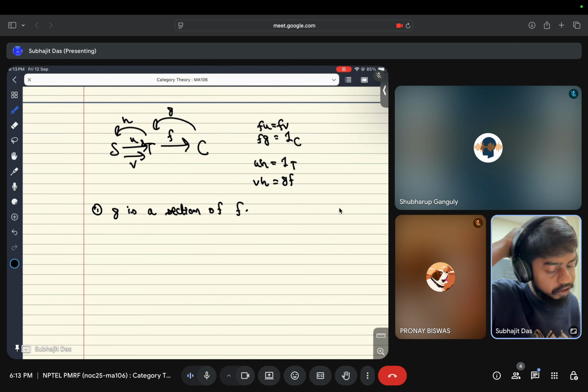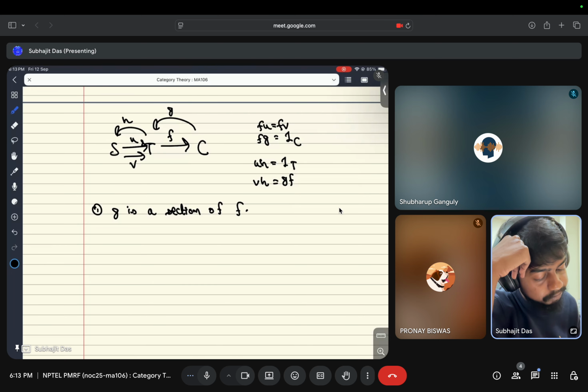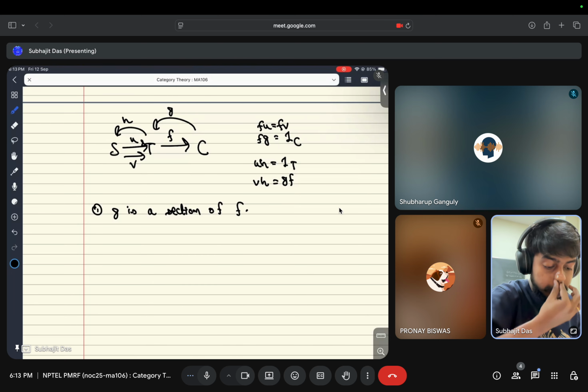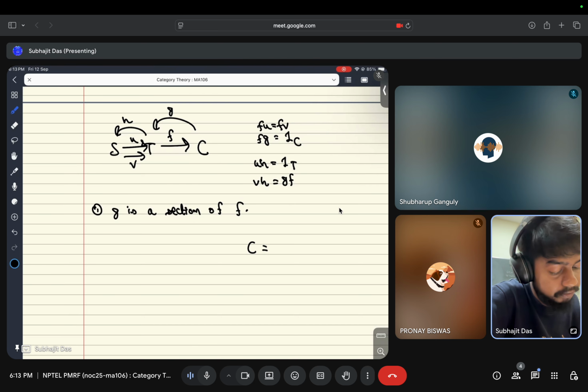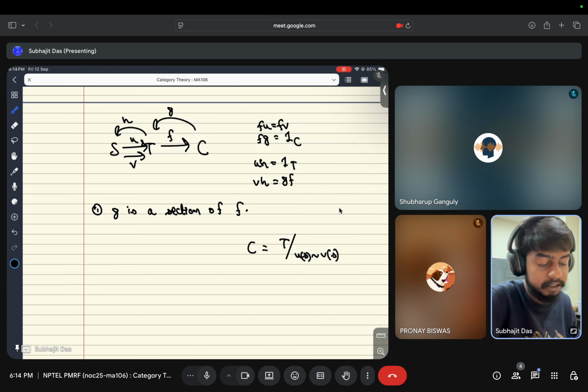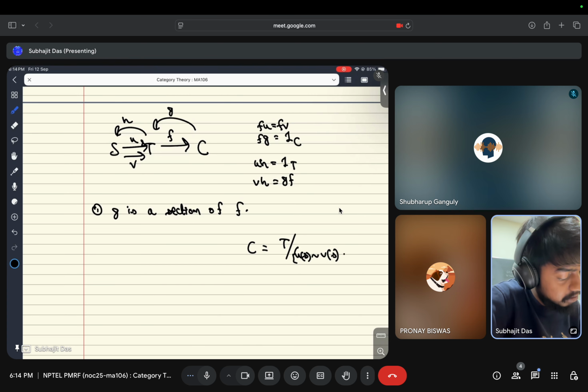Similarly, H is a section of U and VH is GF. In particular, this is supposed to be a co-equalizer, which means that C should be equal to some quotient of T by identifying US with Vs, for all S.